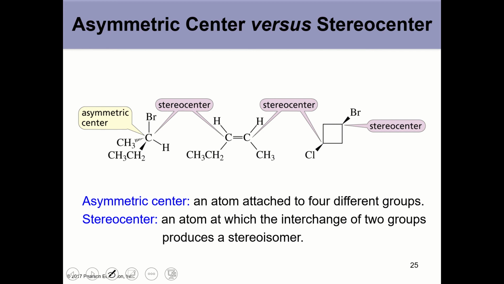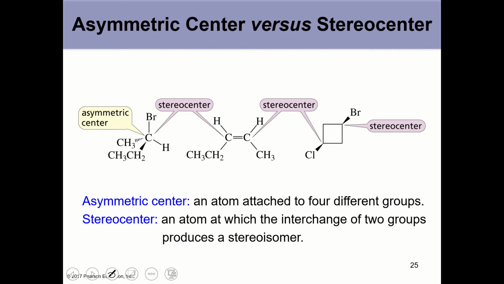The distinction is that an asymmetric carbon is always defined as an atom attached to four different groups. What that tells you is that an asymmetric carbon, because it's bonded to four different groups, has four bond sites and four electron domains.